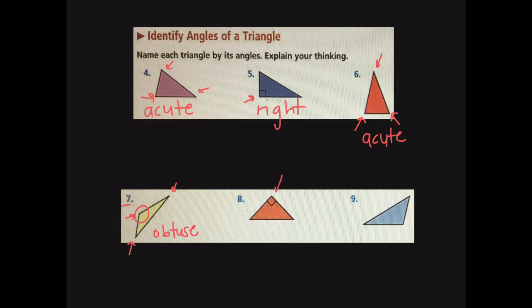Number 8 has the box, which symbolizes the 90 degrees, so that is a right triangle. And then number 9, I don't know why I'm going backwards. Number 9, I see an obtuse angle and then 2 acute. But because of this obtuse angle, this would be called an obtuse triangle.